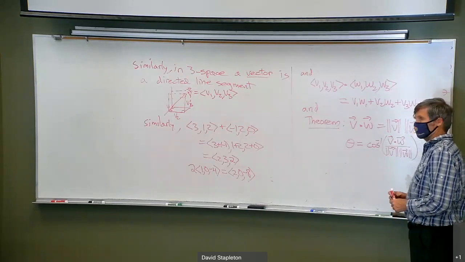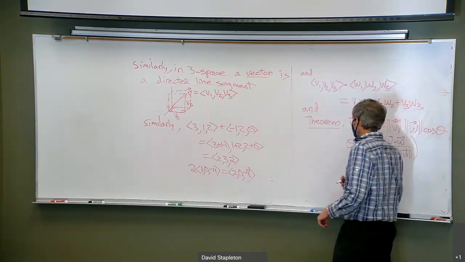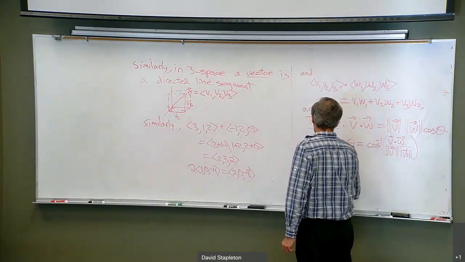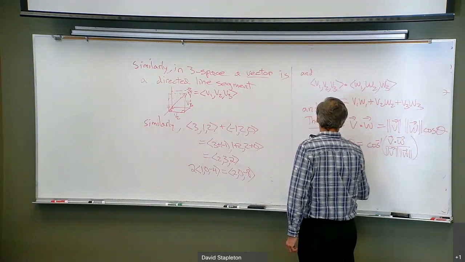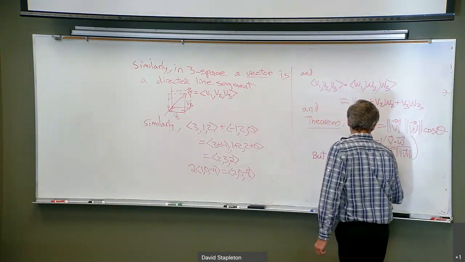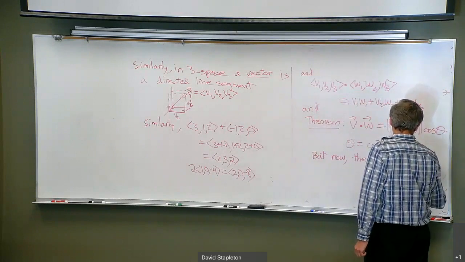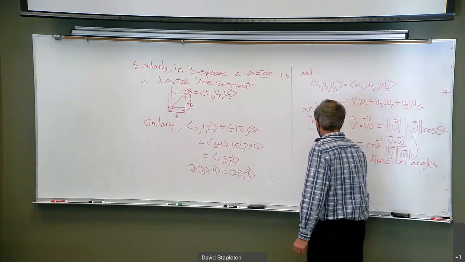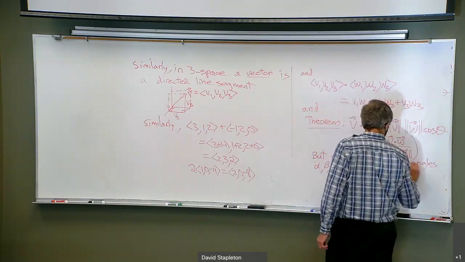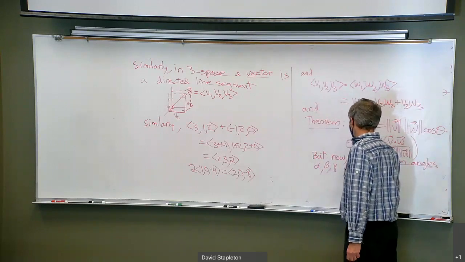There is one additional concept, however, now that you're in three space. We're going to introduce the direction angles. Alpha, beta, and gamma will be the angles between the vector and the three positive axes.